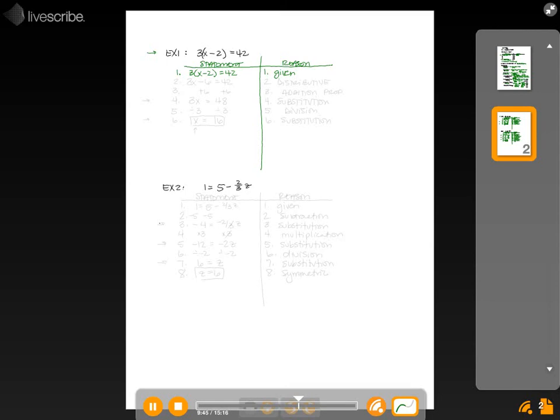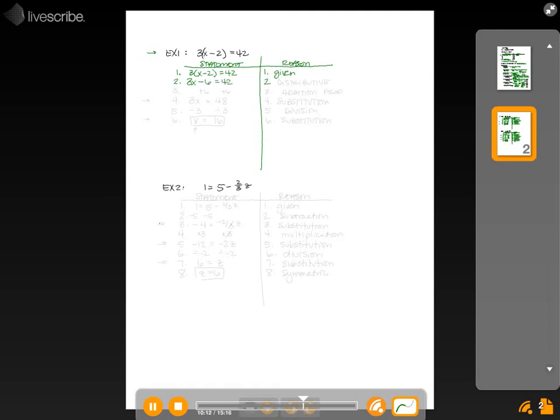Now what we're going to do is we're going to go through step by step on this problem and show every step of work, and you're going to tell me what your reason is for doing each step. And it's going to be one of those properties that we just talked about. So step 2, first thing we need to do is distribute. So we get 3x minus 6 equals 42.